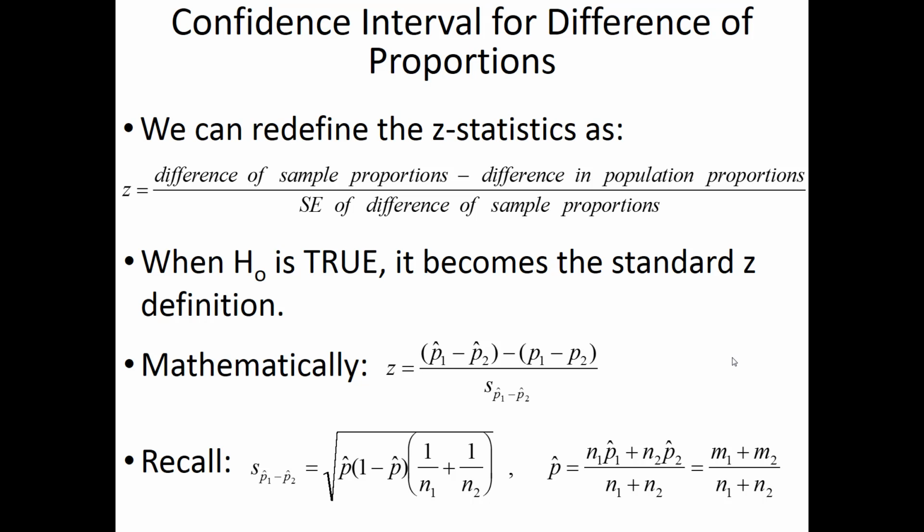Thus, when the null hypothesis is true, it becomes a standard z definition. Mathematically, this is shown here, where the denominator is the standard error of the difference of the sample proportions, and in which we use the pooled variance of the proportion.